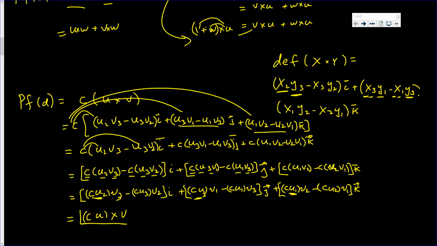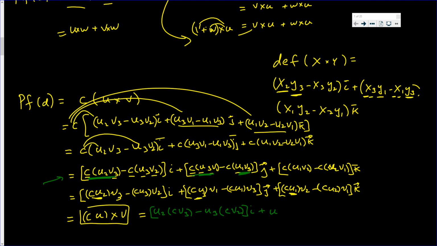Okay, we have that. But you know what? When it comes to multiplying, let's go up to this line. When it comes to multiplying those three, I can multiply the U2 by the result of C and V3 minus the U3 times the result of C times V2, and that's in the I direction. Same game over here.